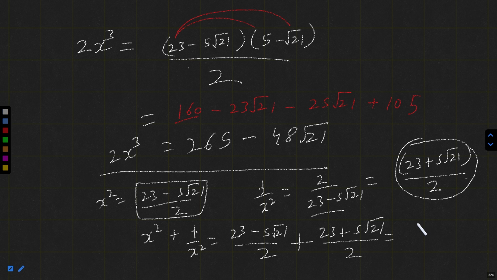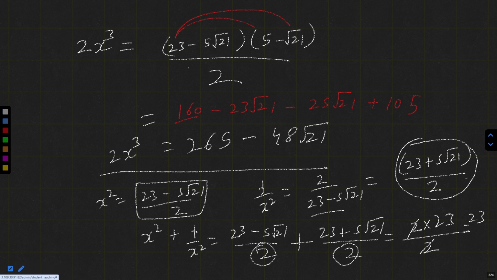Adding, because of the same denominator, we get 2 times 23 over 2, which cancels, and 23 is left. So x square plus 1 by x square is equal to 23. I hope the steps are clear.